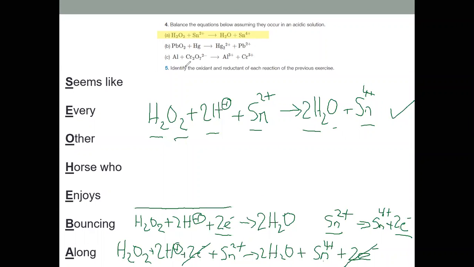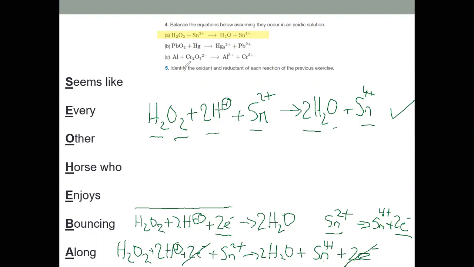And that's why you have to look at the charges, the formal charges on atoms within some of the compounds, in order to balance the charges with electrons, because those charges sometimes need to be balanced to take care of the fact that a reduction or an oxidation is occurring.